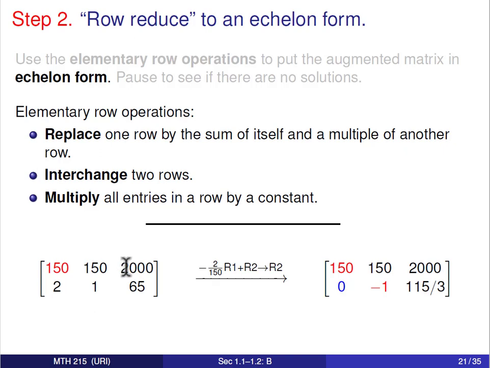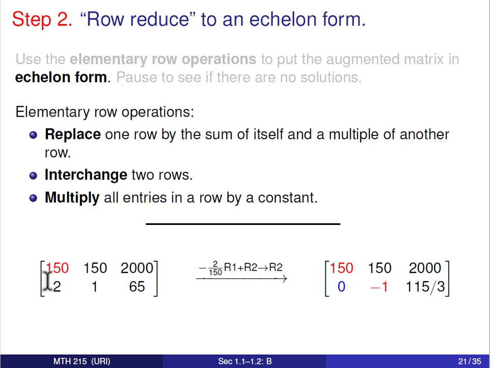And then -2 over 150 times 2,000 will create -4,000 over 150, and that can obviously be simplified if you reduce the fractions. But I'm going to take the -2 and the -2 and the -4,000 over 150 and add those entries to the 2 and the 1 and the 65 in the second row.